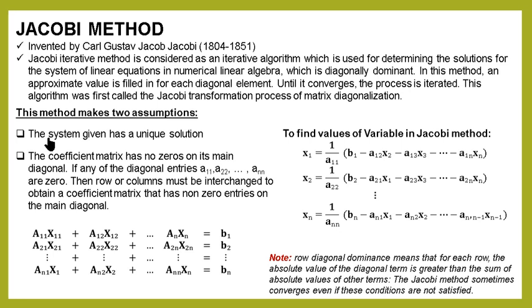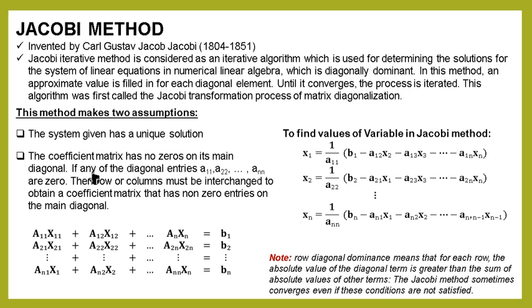So when we say unique solution, only one specific solution set exists for the given system. And the second, the coefficient matrix has no zeros on its main diagonal. So to apply the Jacobi method, our main diagonal must have no zero element.